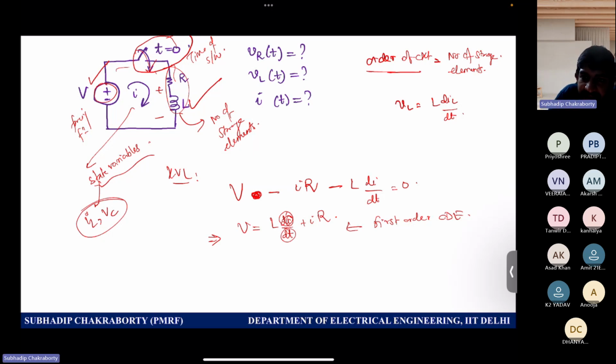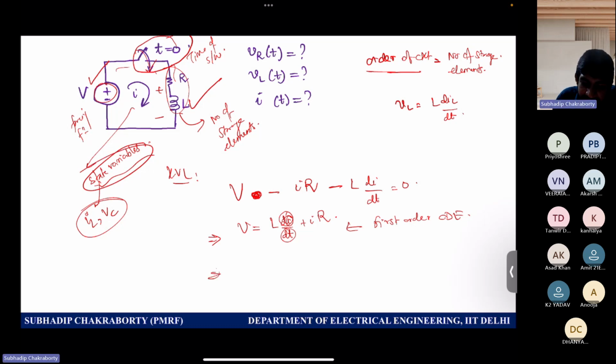Obviously, there is no capacitor, there is an inductor in this circuit. So we form the ODE with the current through the inductor. If there was a capacitor, another equation would have formed involving the voltage across the capacitor. So the current through the inductor and the voltage across the capacitor are responsible for formation of the ODEs, and they are technically termed state variables, because these are the variables involved in the ODE.